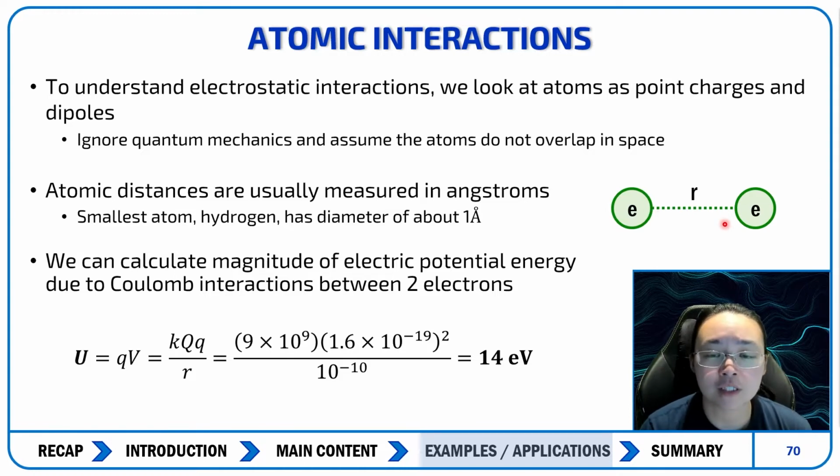So you can potentially calculate the magnitude of electrical potential energy due to Coulomb interactions between two electrons by just saying U is equal to QV, so U equals kQq over r, and then calculate this to be 14 electron volts. So this, to me, is considered a model.